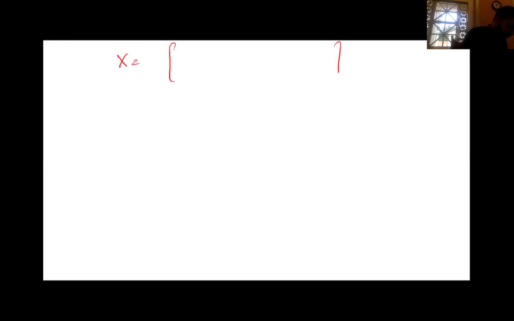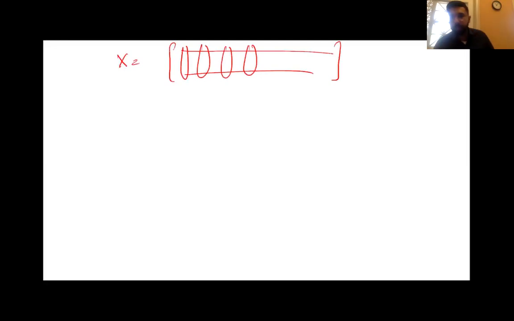Okay, so let me write the setup for the question. We have a matrix X, which is a long matrix. Each element of this is a data point, representing the X1, X2 coordinate.